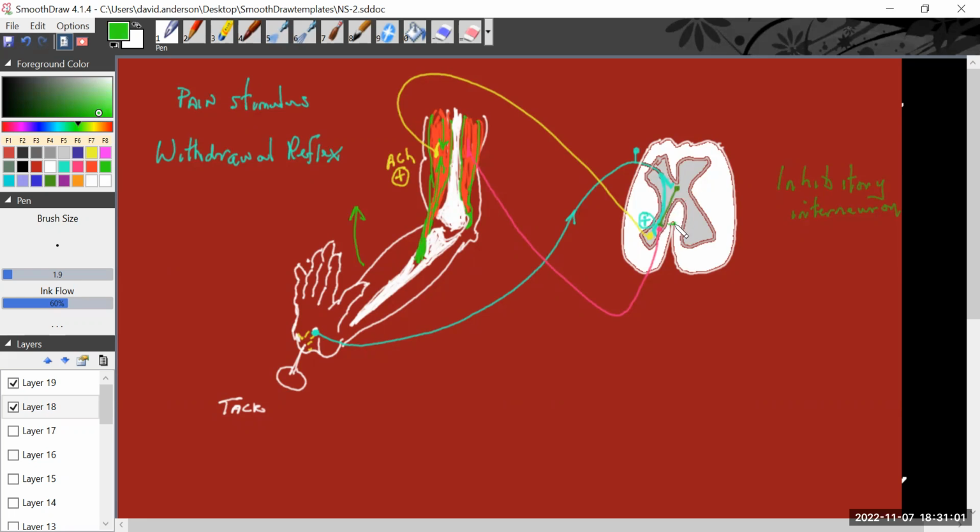It has a different neurotransmitter, so it blocks the transmission to the motor neuron that goes to triceps. So triceps relaxes while the biceps contracts. But see, we got an extra neuron in there in order to change that message.